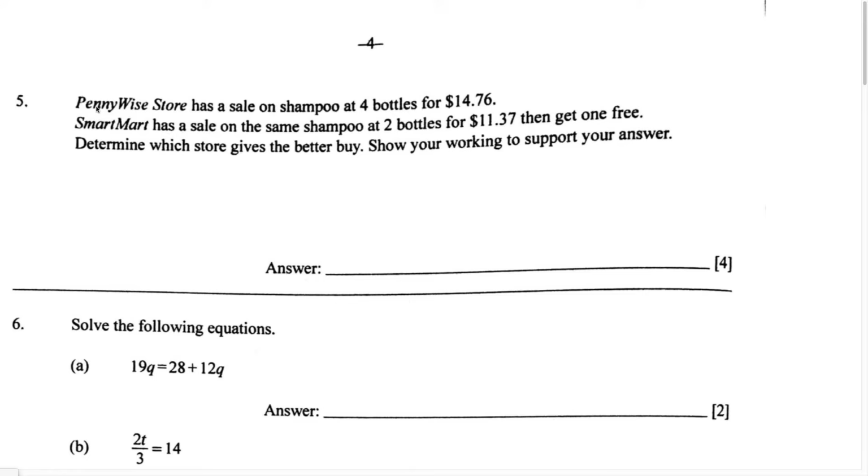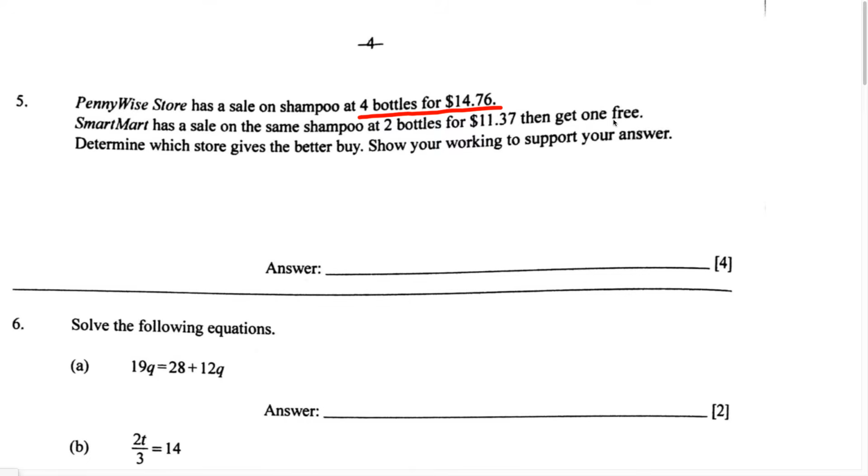Now question 5 says, Pennywise store has a sale on shampoo at 4 bottles for $14.76. So Pennywise is selling 4 bottles of shampoo for $14.76. Now it says Smart Mart has a sale on the same shampoo at 2 bottles for $11.37, then get one free.